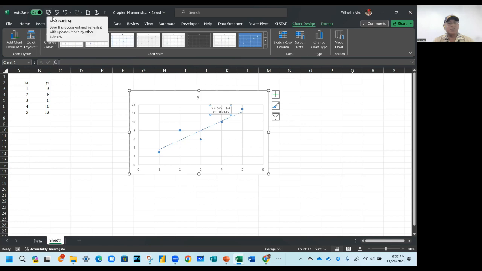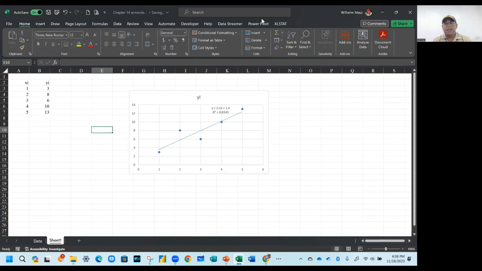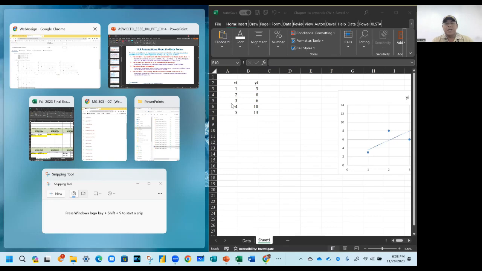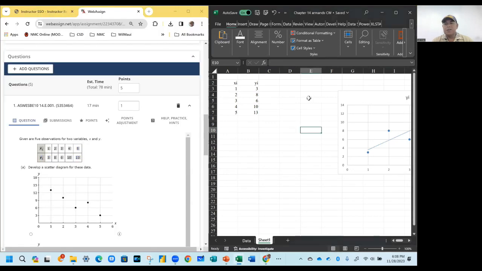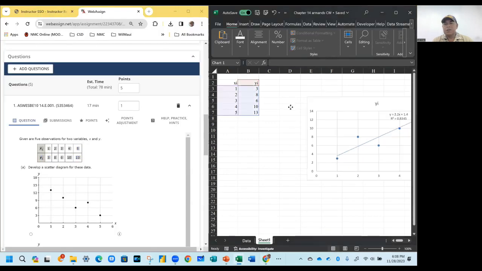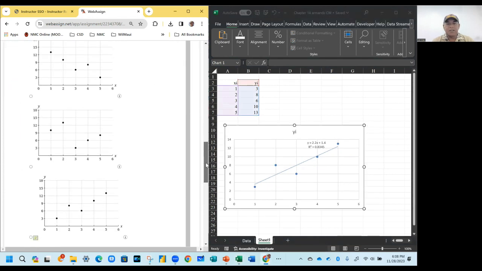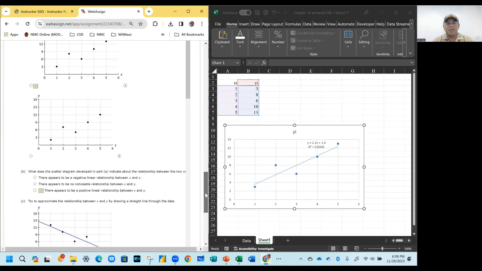So let me move this over here, right? Let's save this and then let's go here. So now can we determine what the chart is going to look like? Which one is it?